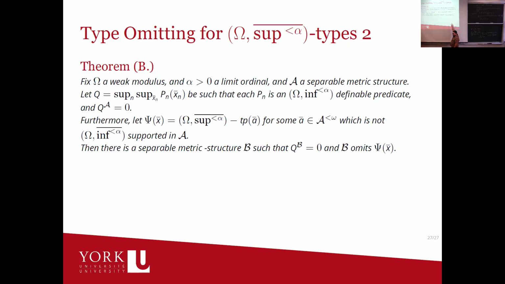In particular, A and B are not isomorphic, because there's no way you can send little a. In particular, Q is not the Scott sentence, because it thinks it's true, but they're not isomorphic. So this statement allows you to show that certain sentences are not the Scott sentence. The problem is I can only do it for sentences that have this weird limit ordinal complexity.